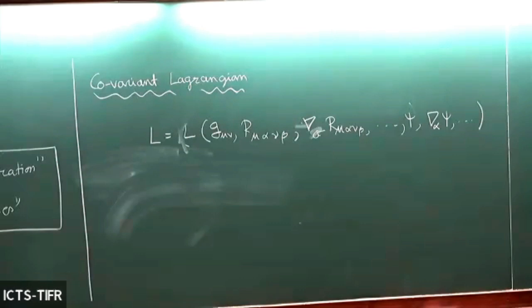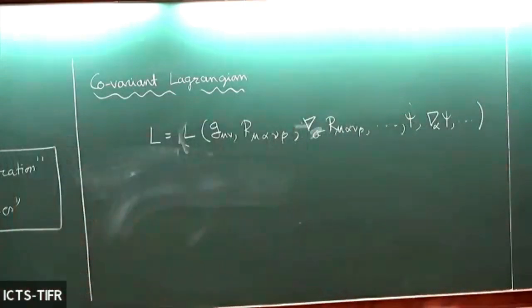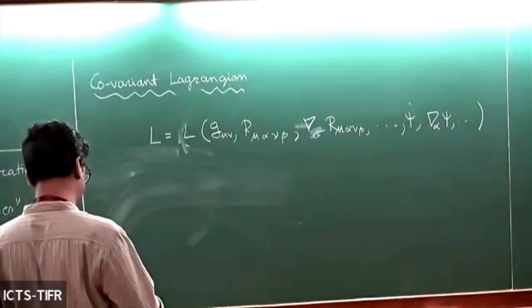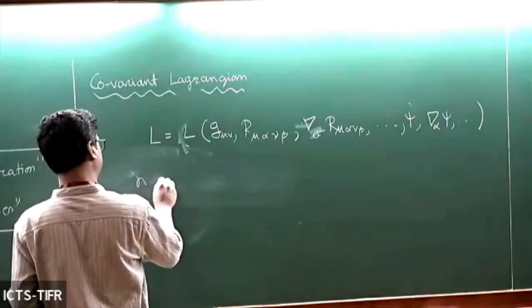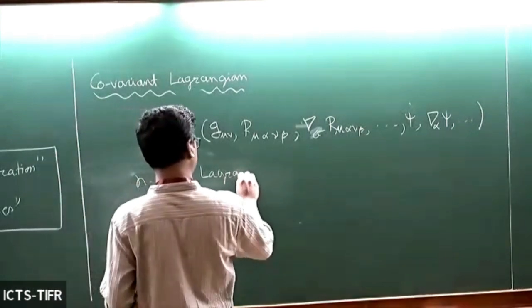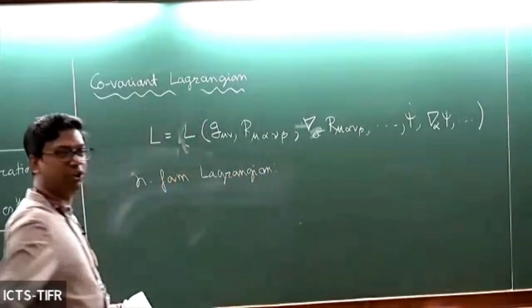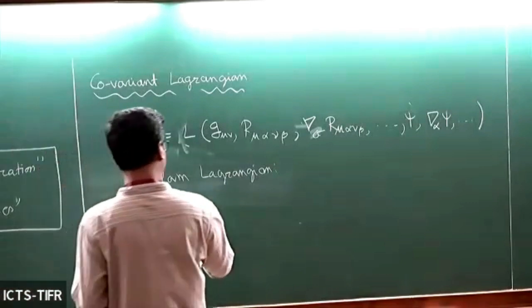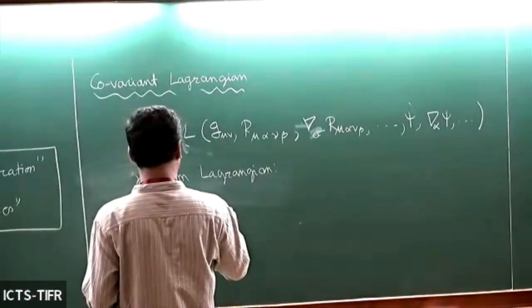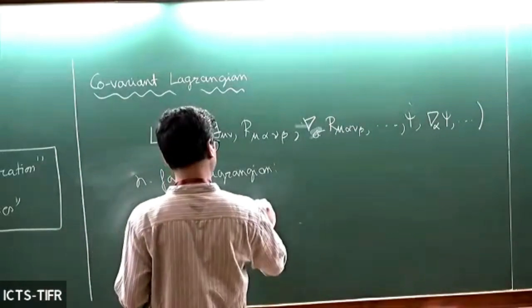Now, of course, we don't want to use this metric notation. We will write what is called the N-form Lagrangian. If you remember yesterday's notation, we'll write the N-form Lagrangian as L equal to L times sigma tilde.